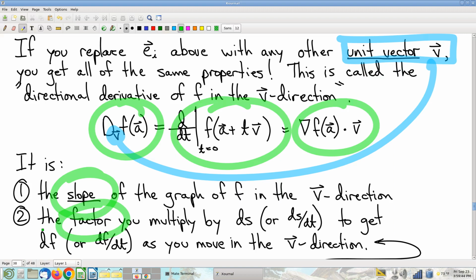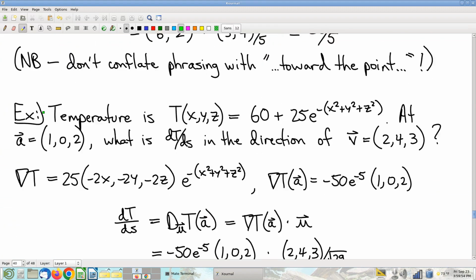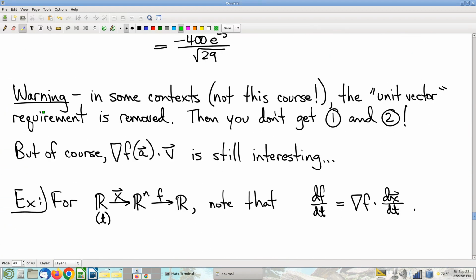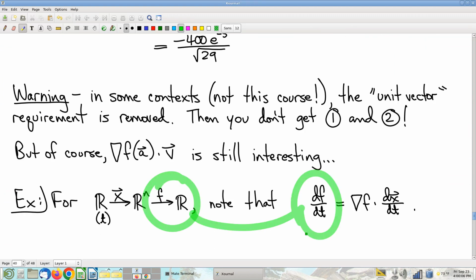I just need y'all to be aware that, again, some people make the other choice. And I'm not even making fun of them. Again, because how fast the function is changing is naturally of interest and is computed with that expression.